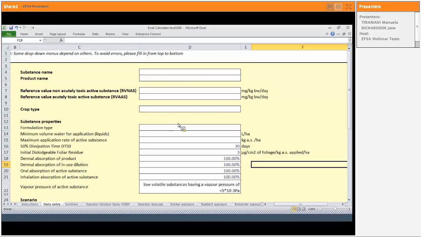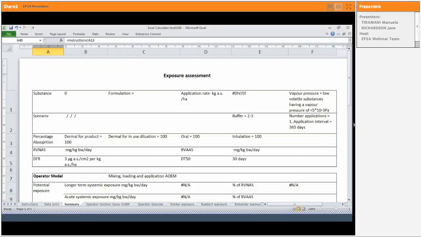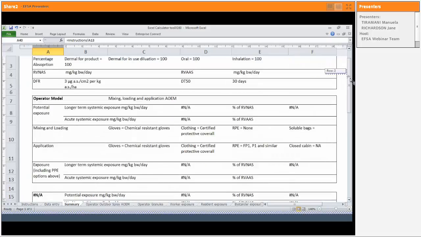Yeah, right? Perfect. Thanks for clarifying this, because this is most probably a little bit confusing when people first come in. So this is the sheet where you enter the data, and then technically you should just be able to click straight away to the summary sheet here, and all the results will be displayed here.